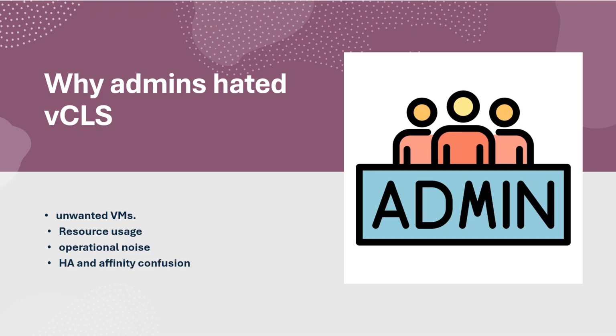Then the fourth is HA and affinity confusion. People try to move or delete vCLS and they break DRS unexpectedly. So vCLS solved one architecture problem but created multiple operational headaches. That is the reason VMware admins hated vCLS in production support.